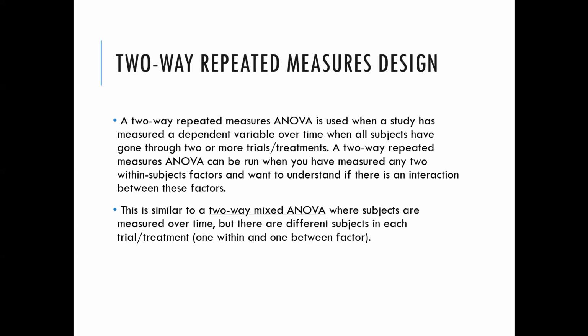This is similar to a two-way mixed ANOVA, which we'll talk about later on next week, where subjects are measured over time, but there are different subjects in each trial or treatment. So there's one within factor, right? So all subjects are measured over time, and then there's one between factor. So there are different subjects in each trial or treatment.